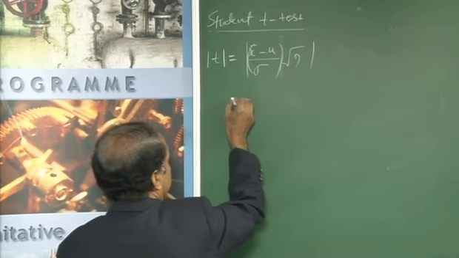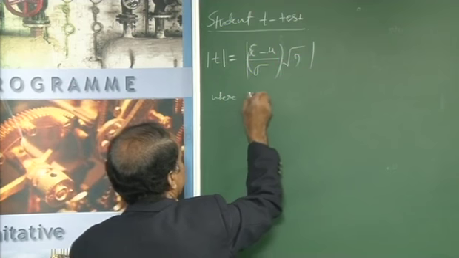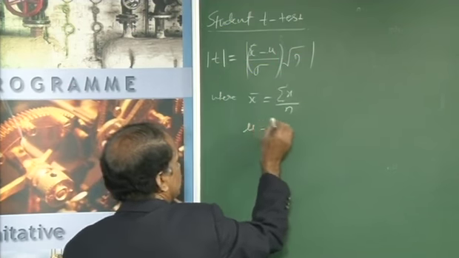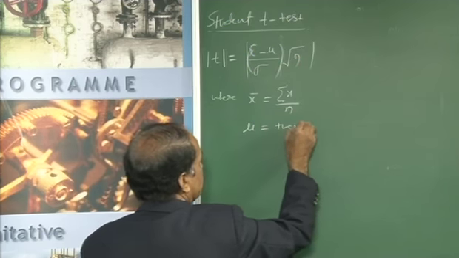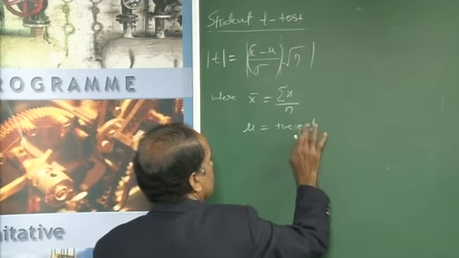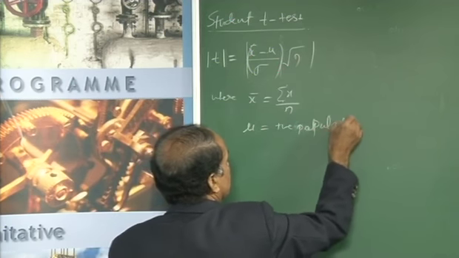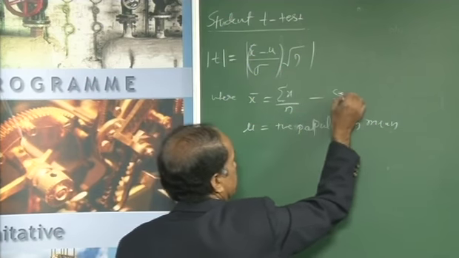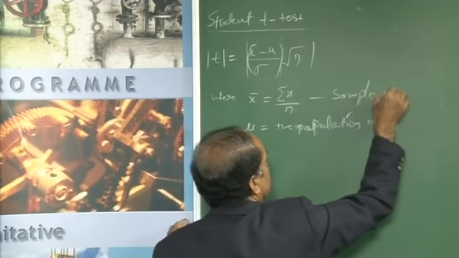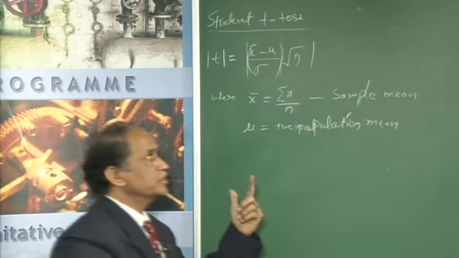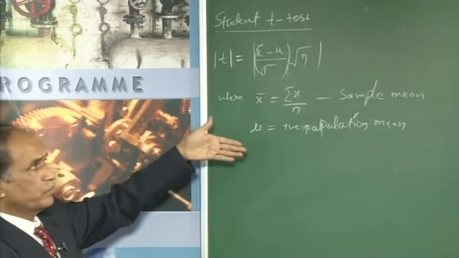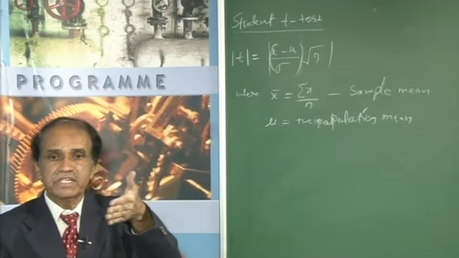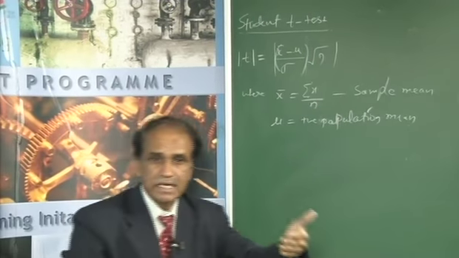where x bar is equal to sigma x divided by n, and mu is the population mean, and this is the sample mean. In every situation you have to list all these values when you come across to apply the t-test for the declaration of the hypothesis which is to be rejected or accepted.